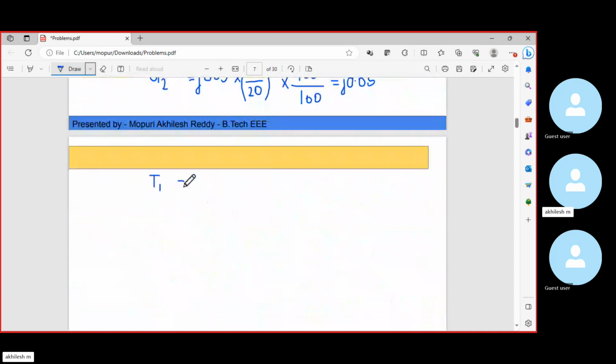So it is j0.1 into old kV 20 and new kV also 20, by 20 whole square, into my MVA 100 by 100. So it is again j0.1.